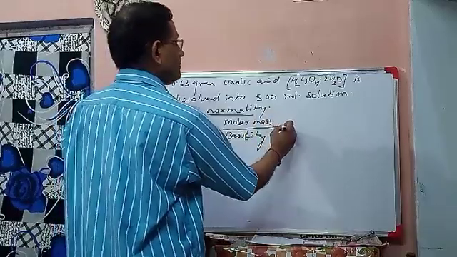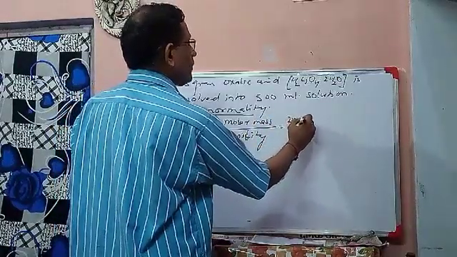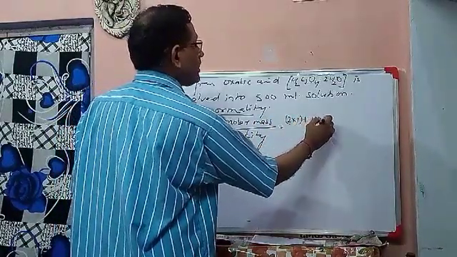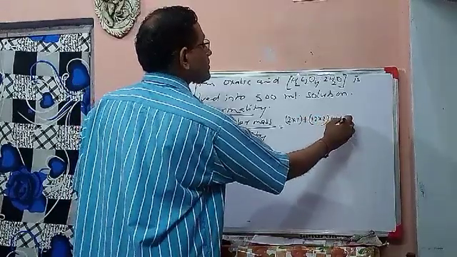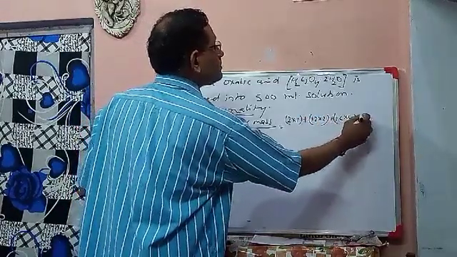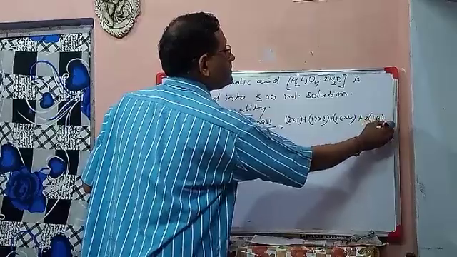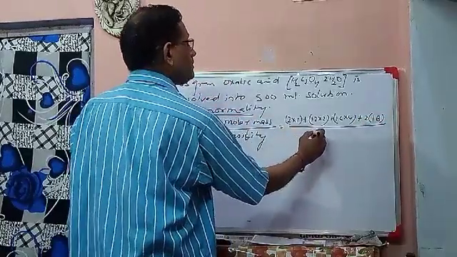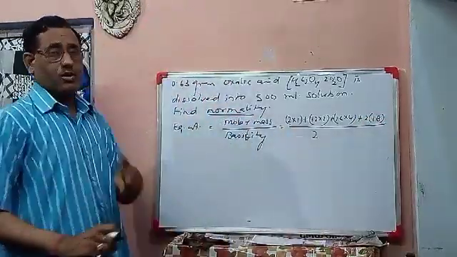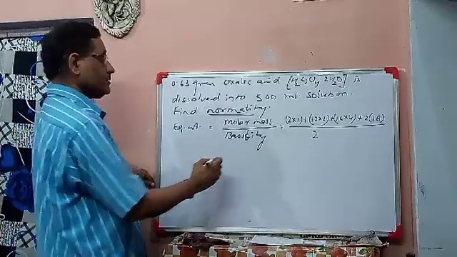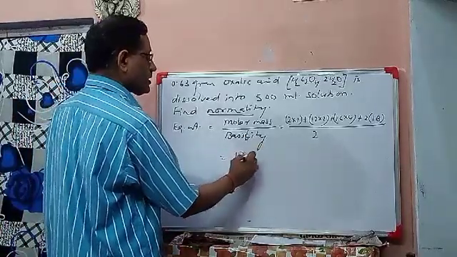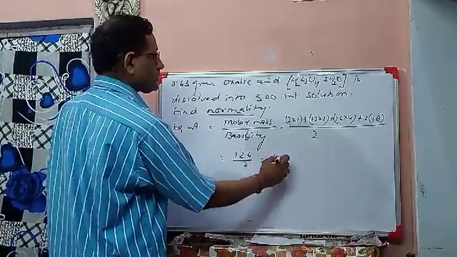Molar mass: 2 into 1, 12 into 2, 16 into 4, plus 2 into 18, upon 2, because it gives only 2 hydrogen ions. So it is 126 upon 2, 63.